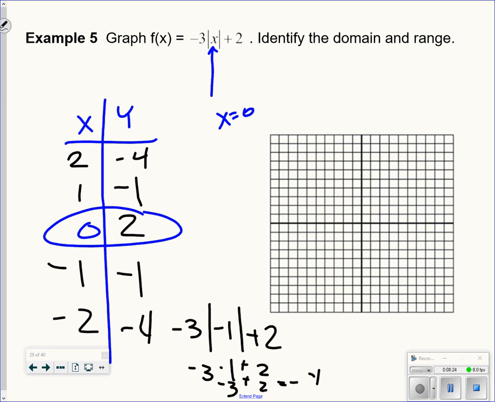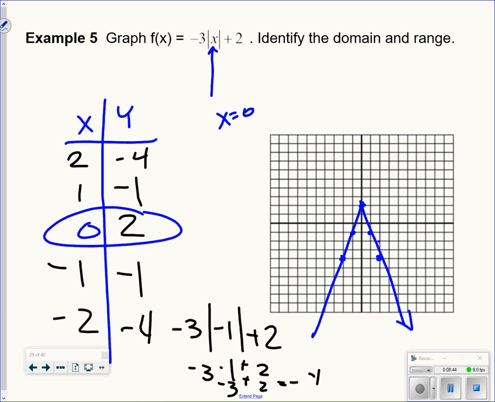So I'm going to graph these points: 0, 2; 1, negative 1; 2, negative 4. Same on the other side. So this makes a V.